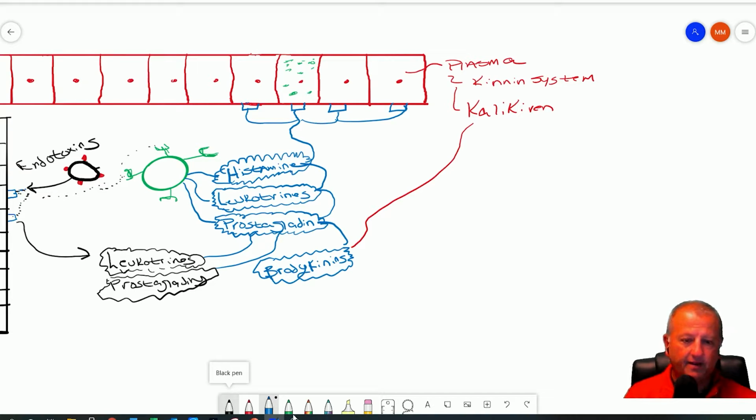All right. So, with all that said, histamine, leukotrienes, prostaglandins, bradykinins are going to come up here. They get picked up by these receptors here, and it's going to cause the blood vessels to respond. Remember, blood vessels, what are they made of? Well, we have smooth muscle.